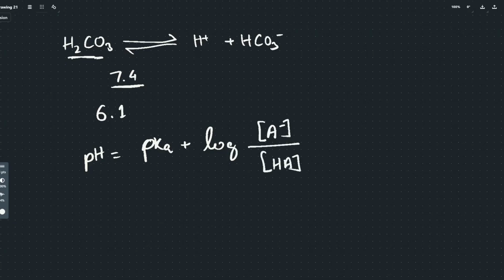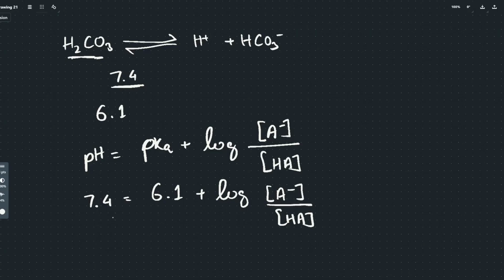We want to know this ratio, so we can rearrange this equation. First, let's write the values: 7.4 is equal to the pKa, 6.1, plus log of A negative over HA.